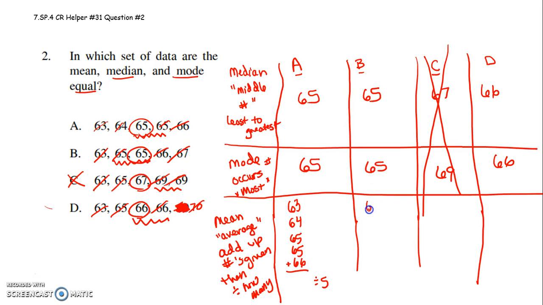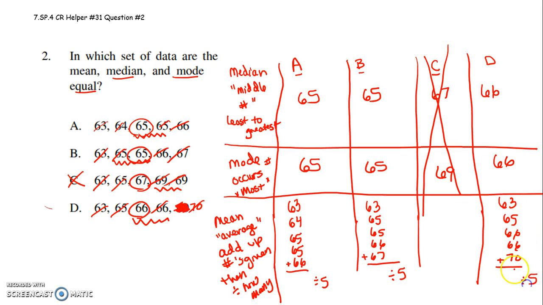For our second set of data, we'll add 63, 65, 65, 66, 67. Once we add those all up, we'll divide by 5. And for this set of data, we will add 63, 65, 66, 66, 70. And once we're all done adding those up, we'll divide by 1, 2, 3, 4, 5.